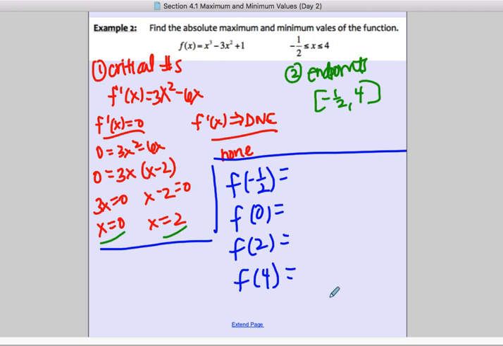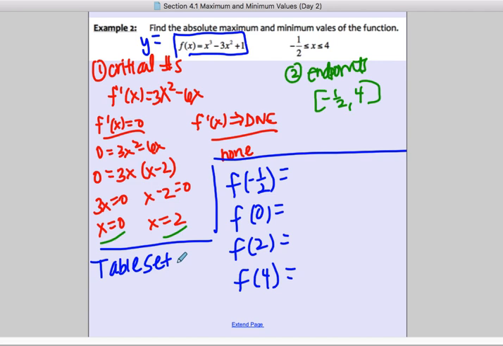I do not have access to my calculator right now, but what I would highly recommend is you go to your graphing calculator, plug this function into your y equals, then go to your table set, which is above your window.